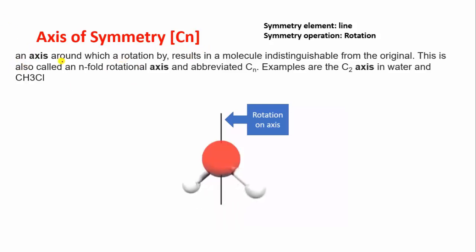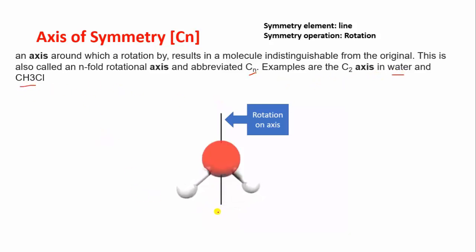An axis around which a rotation results in a molecule indistinguishable from the original. This is also called an n-fold rotation axis and abbreviated as Cn. Examples are water and CHCl3.